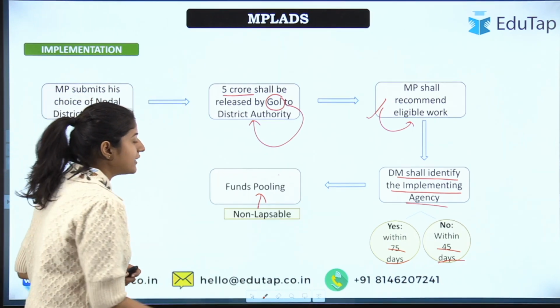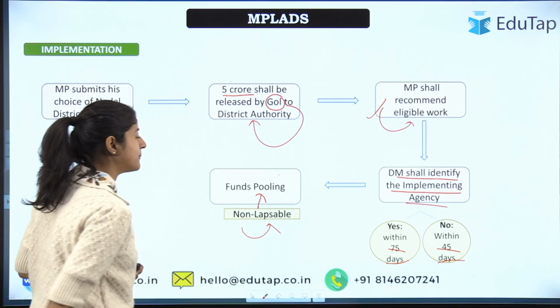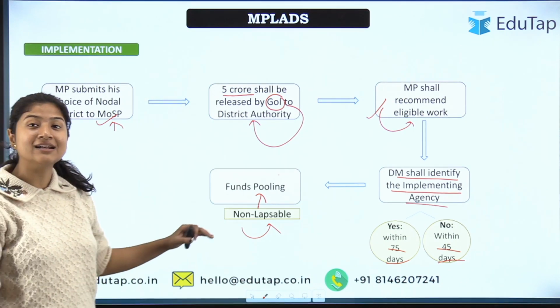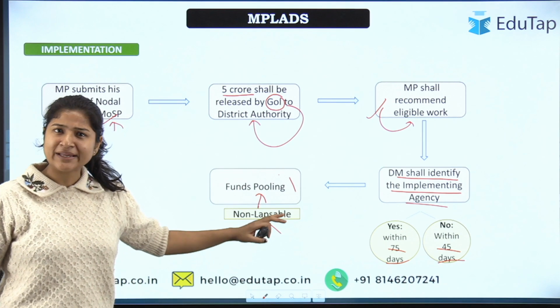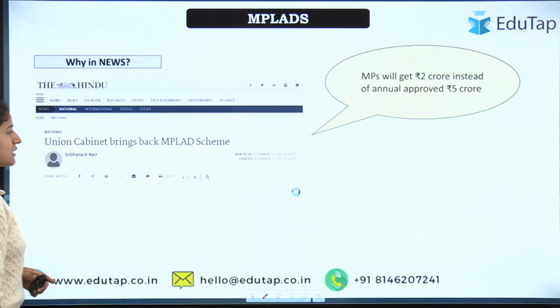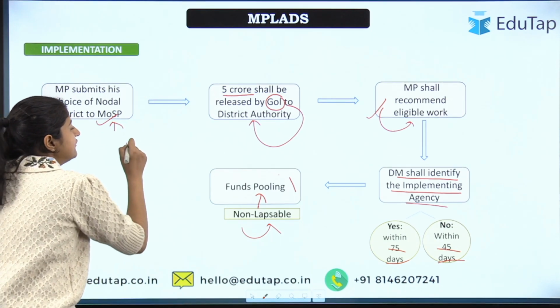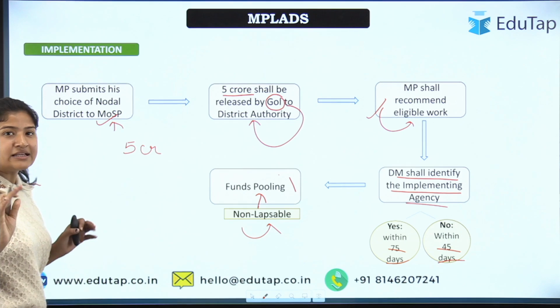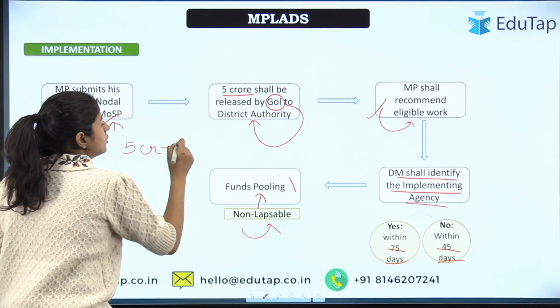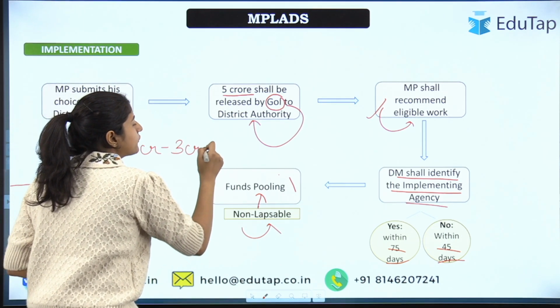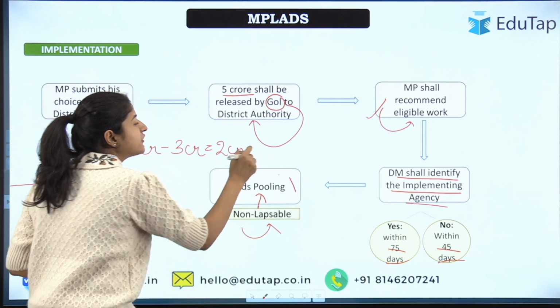Now there is one more thing you should keep in mind: the annual fund that is given is non-lapsable. What does it mean? See, 5 crore is given this year, and assume only 3 crore were used. So how much is left? 2 crore.